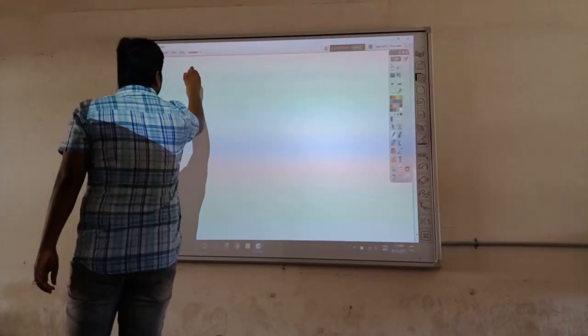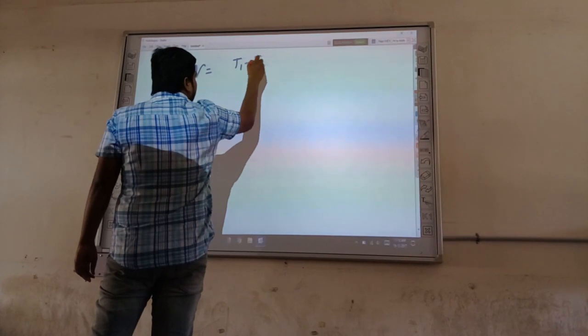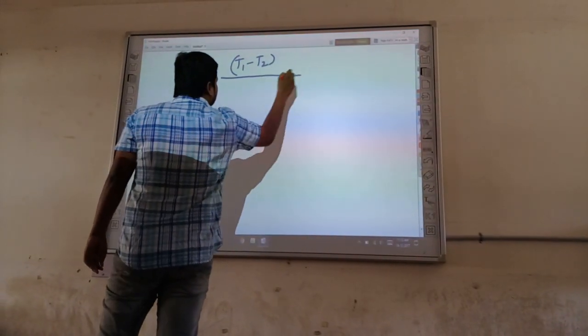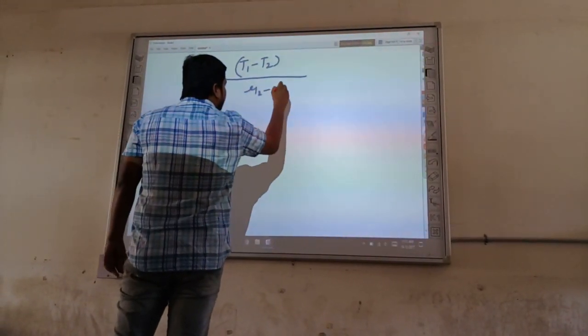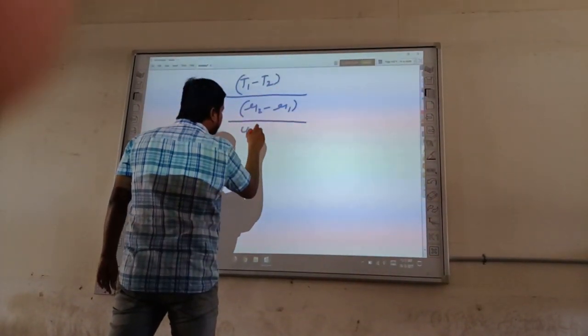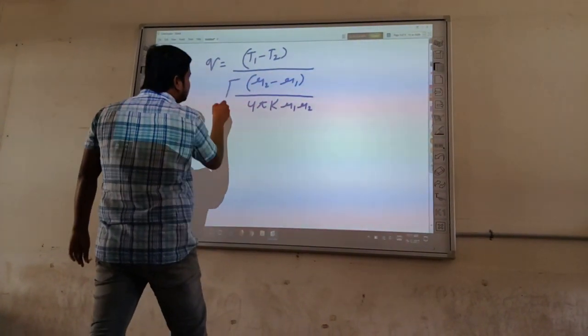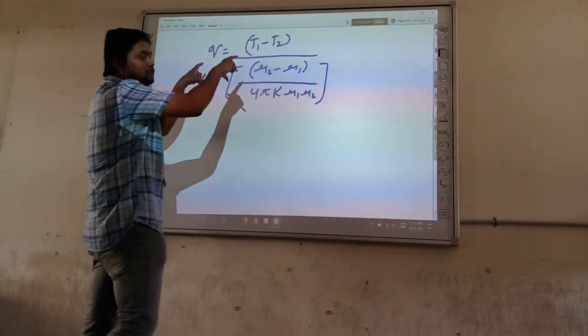Simplify more this. Q is equal to, you can say, T1 minus T2 upon R2 minus R1 upon 4 pi K R1 R2. If you remember in the lab, this expression was there.